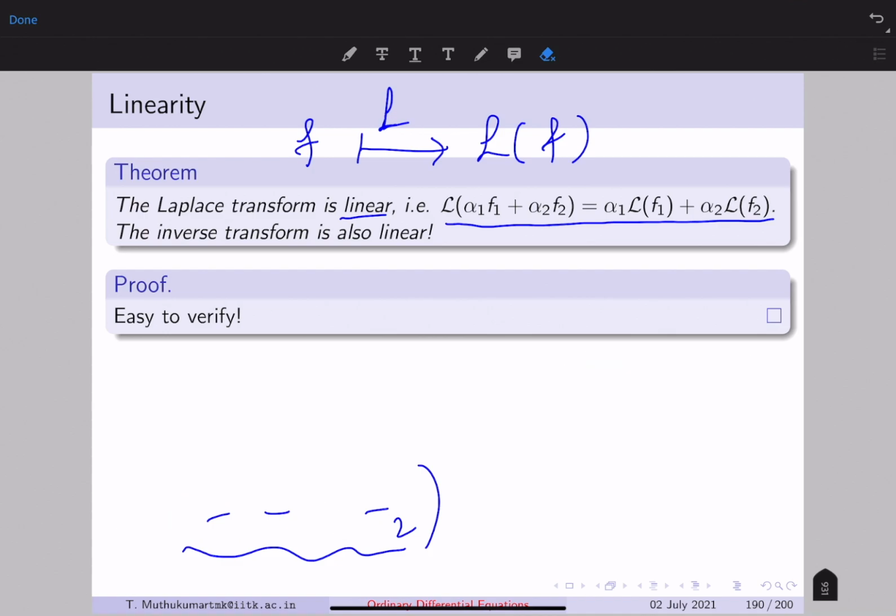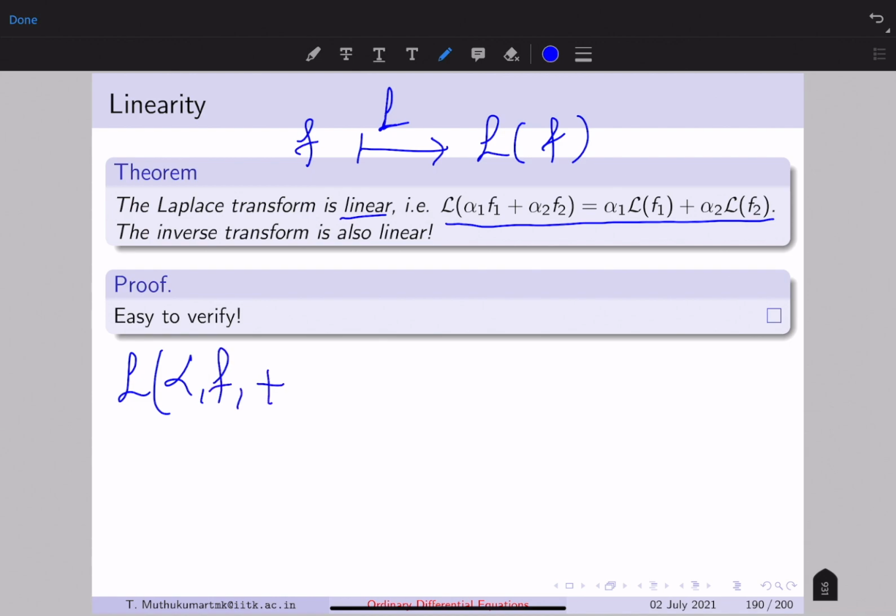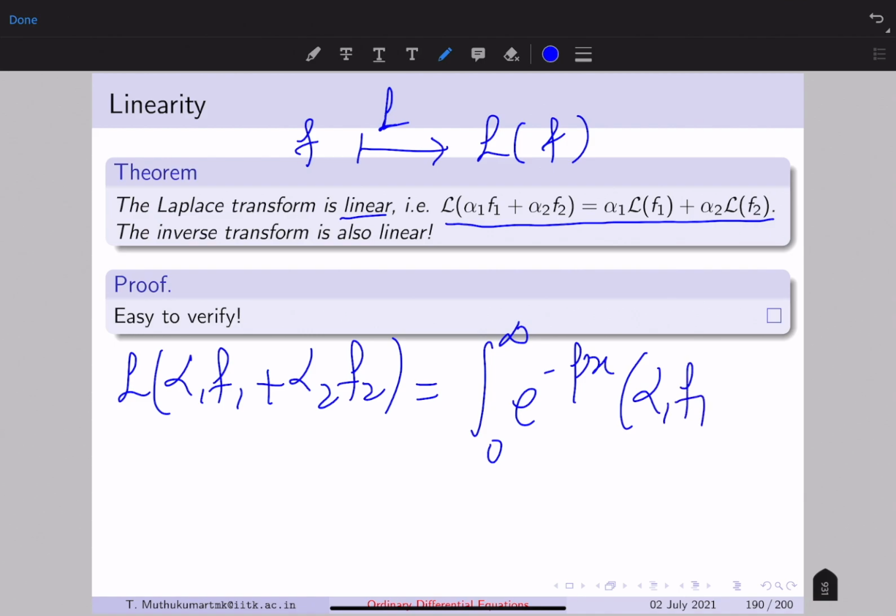Let me write it again. L of alpha 1 f1 plus alpha 2 f2, by definition, is the integral from 0 to infinity of e power minus px times alpha 1 f1 plus alpha 2 f2 dx. By the linearity of the integral, you can split this into two integrals and bring the scalars alpha 1 and alpha 2 out.